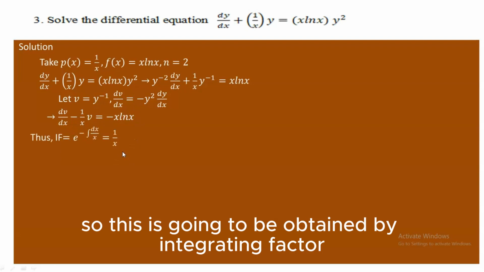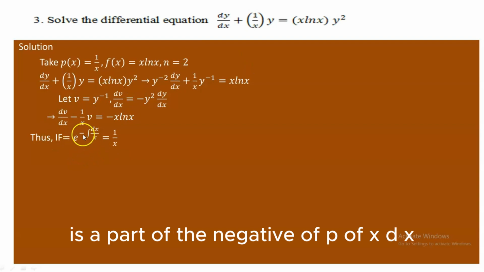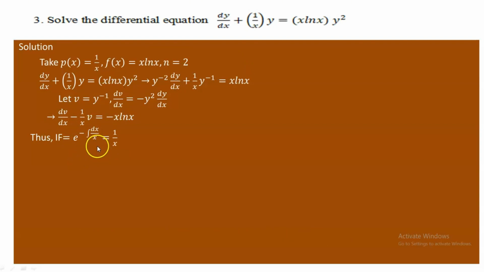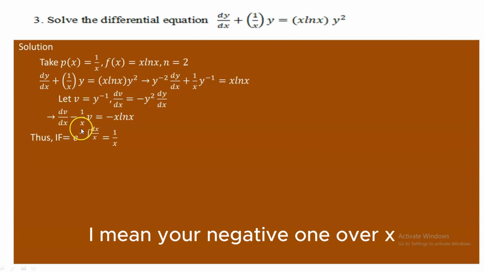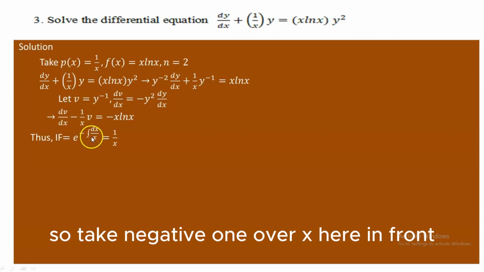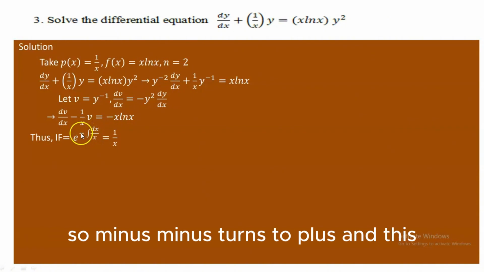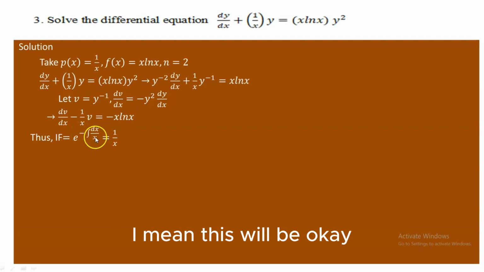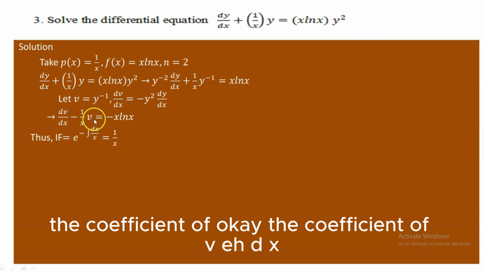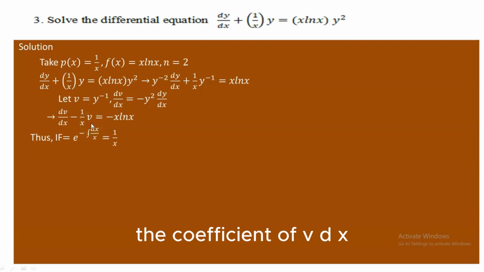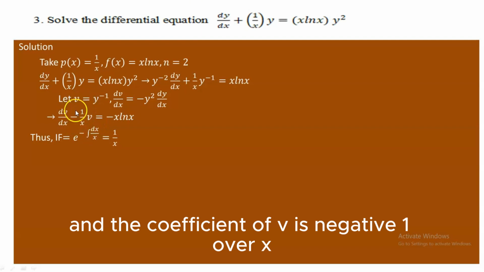So this is going to be obtained by the integrating factor. The integrating factor is e to the power of the integral of p of x dx, where p of x is the coefficient of v, which is negative 1 over x.